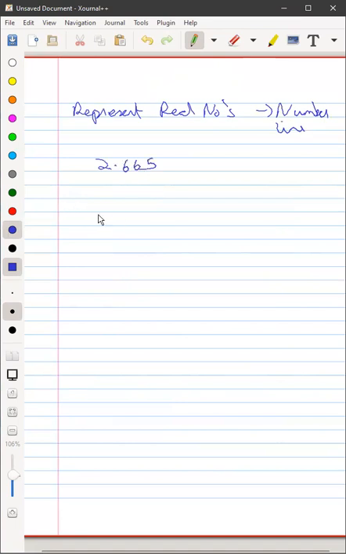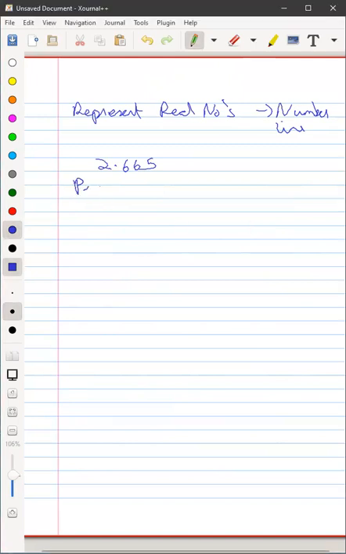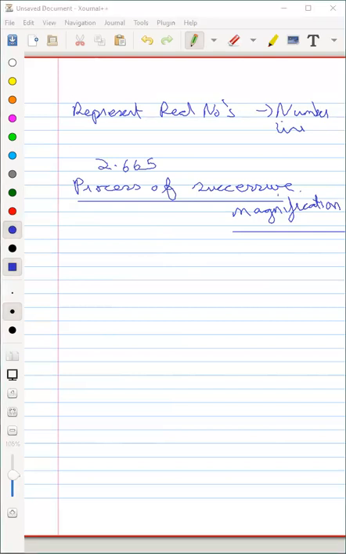This method is called the method of successive magnification, or the process of successive magnification. Why? Because we magnify into the number that we're looking at. So first we'll start with the main part.